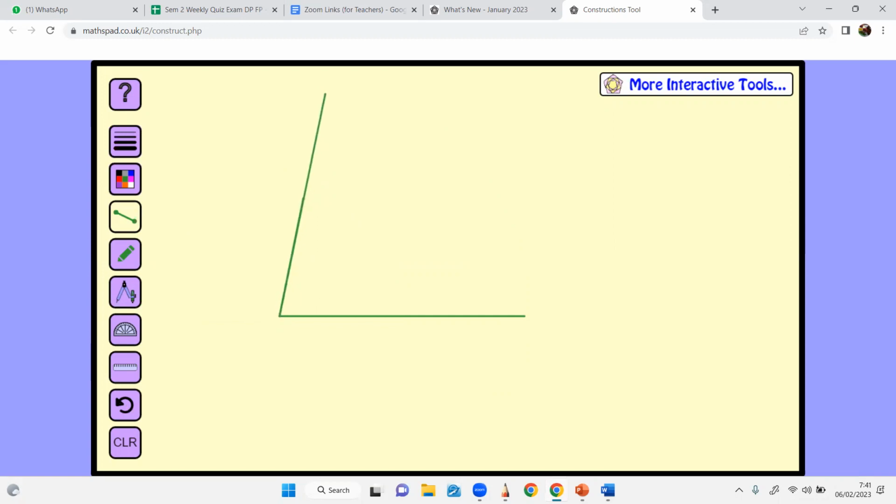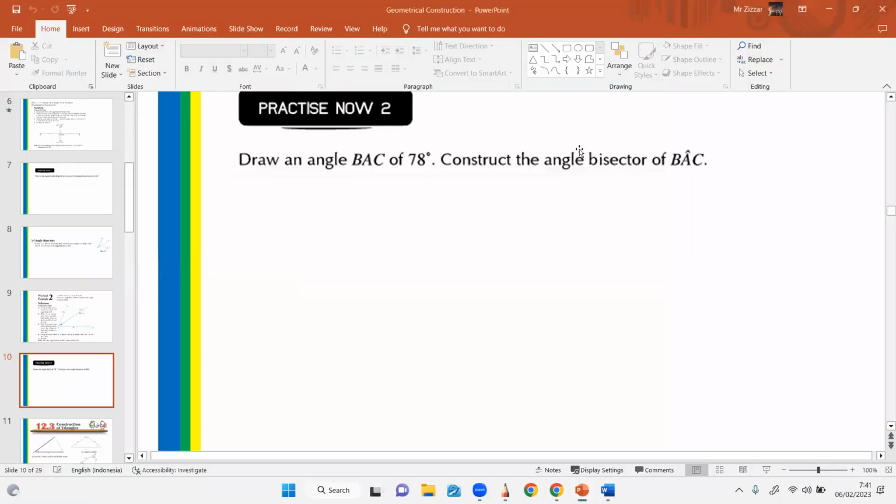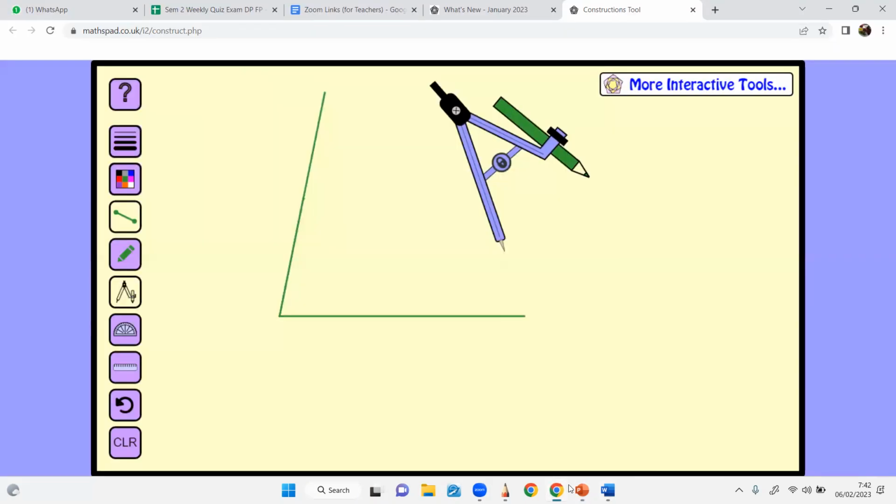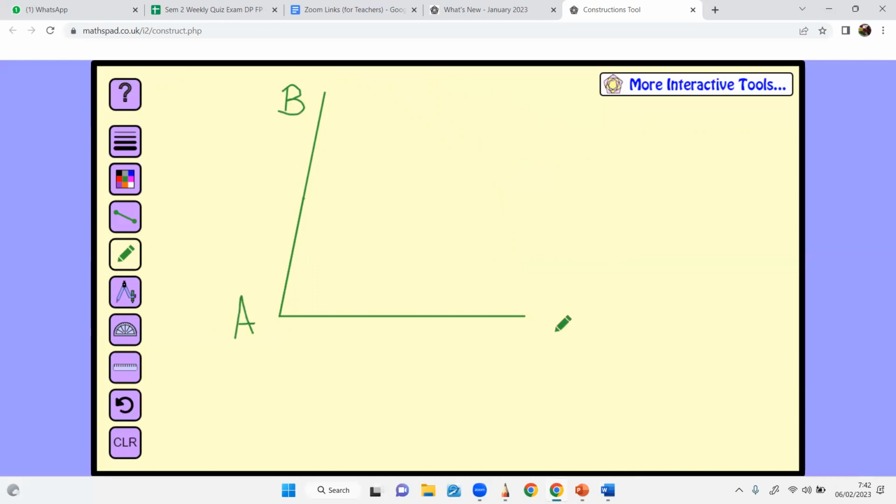After we get 78 degree, what do you have to do first? Put the angle. The angle is BAC, guys. So write down BAC properly. B, the A is in the middle, A, C. Here is 78 degree. Angle 78 degree. Write down.